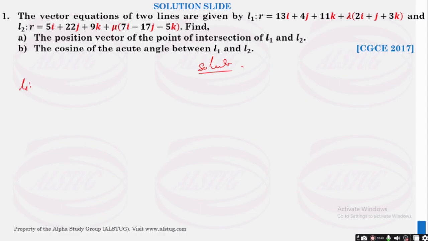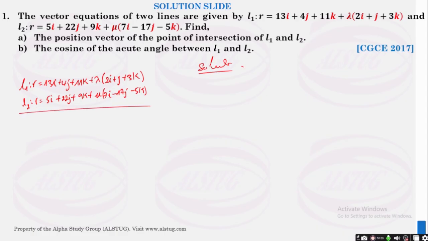L1 is such that r is equal to 13i plus 4j plus 11k plus lambda into 2i plus j plus 3k, and L2 is such that r is equal to 5i plus 22j plus 9k plus mu into 7i minus 17j minus 5k. Okay, that's what has been given to us.